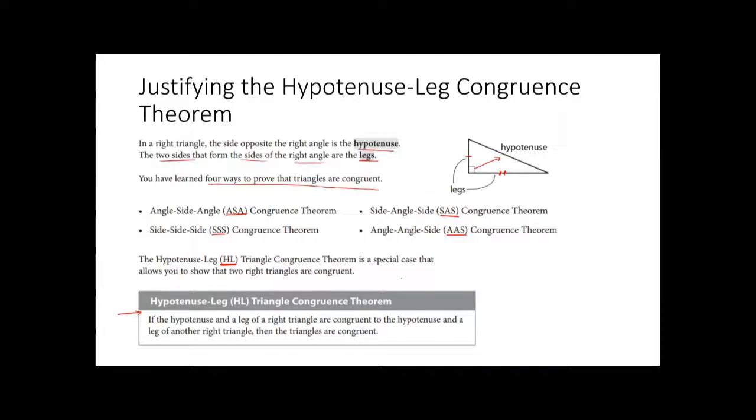You have two right triangles, and a leg corresponding to another leg, and a hypotenuse corresponding to another hypotenuse. If they are congruent to each other, then those triangles are congruent. Just remember, it only works with right triangles. That means 90 degrees. You have to have a right angle. If you don't see a triangle with a right angle, HL shouldn't even be in your head.